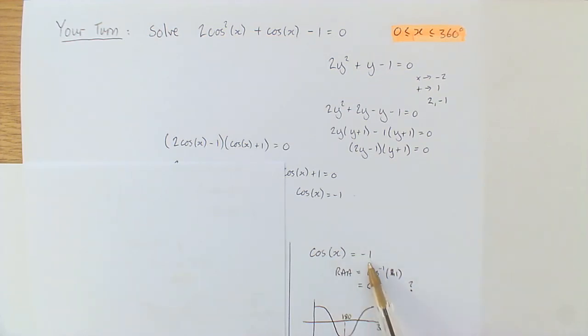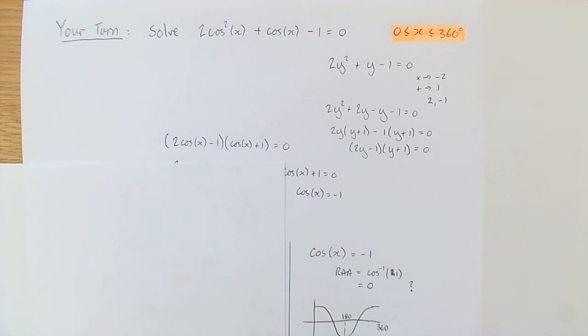If we have cos x equals minus 1, working out a relative acute angle doesn't really help here. Your calculator will give you nonsense. If you put cos to the minus 1 of minus 1, it'll just give you 180, or the other possible angle is nonsense. It doesn't help. So let's draw a graph instead. Where does the cos graph equal minus 1? Well, it's at 180 degrees.